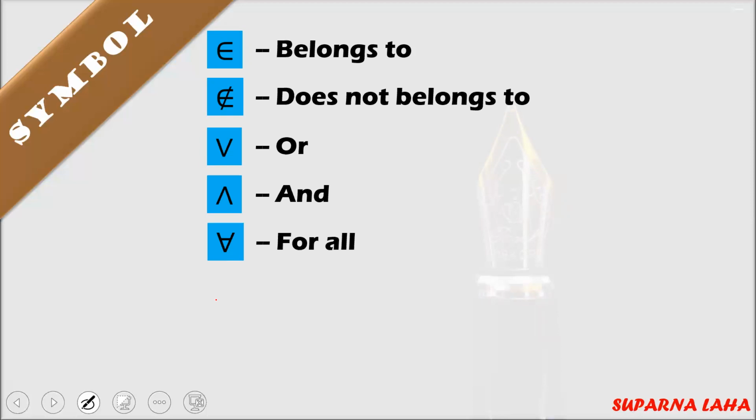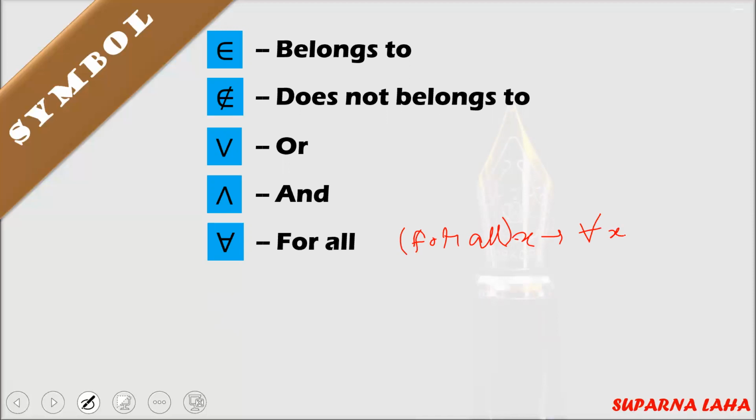For all means, suppose any property is followed by all x. Instead of writing this for all, we will use the symbol for all x.